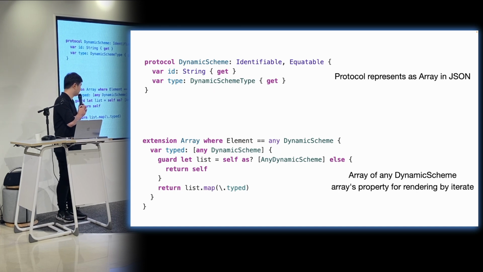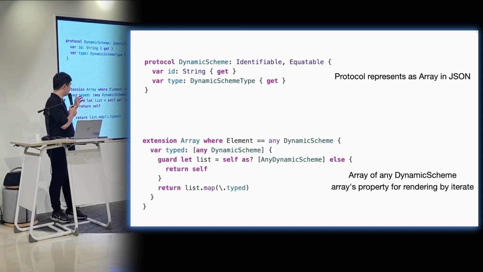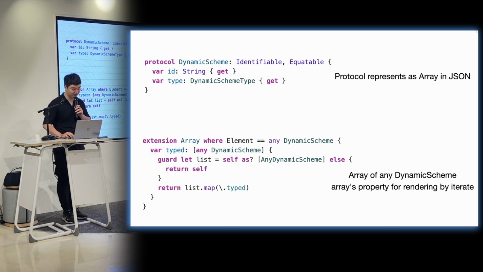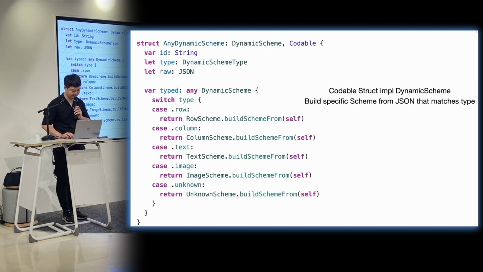It has a typed property which iterates itself and then casts into any dynamic scheme. And when the typecast is accessed, it iterates its type property. So basically, this property does the parsing. No, sorry, I will show this later in the project.